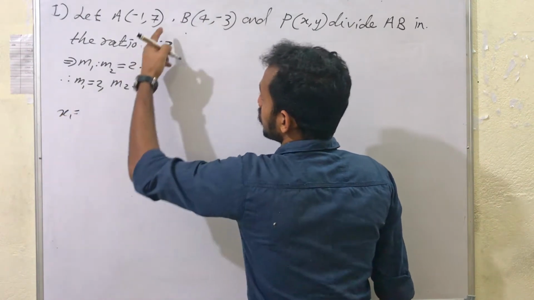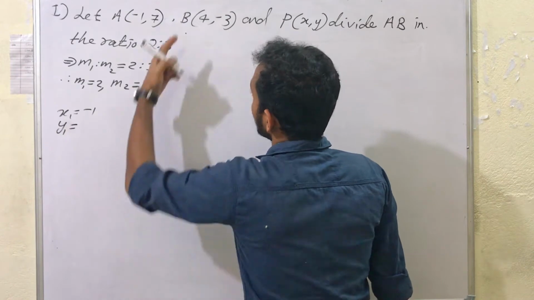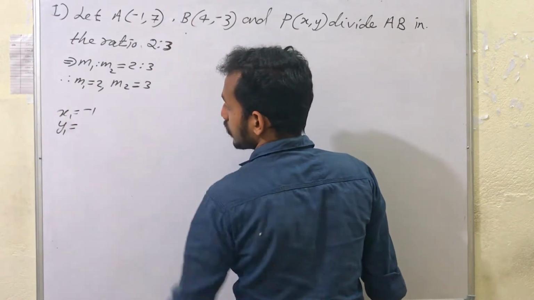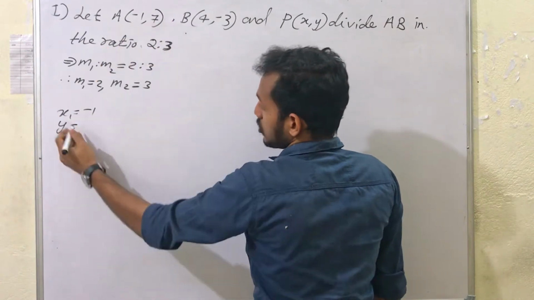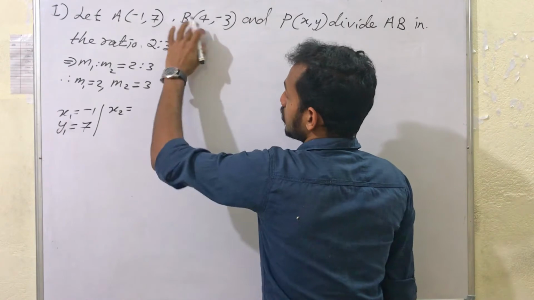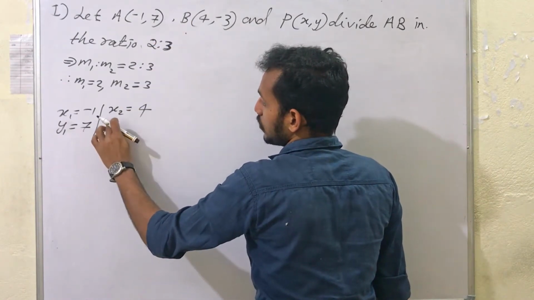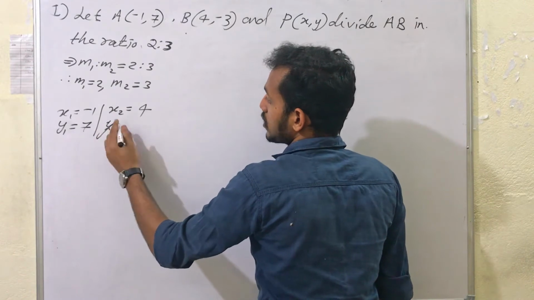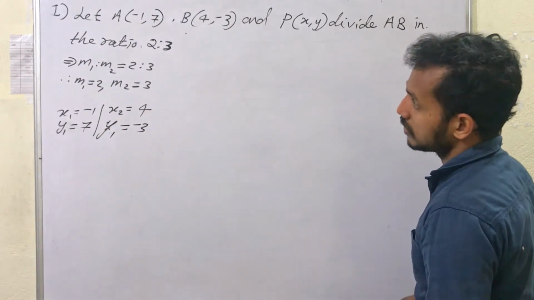X1 is equal to minus 1, Y1 is equal to 7. Similarly, X2 is equal to 4 and Y2 is equal to minus 3. We have all the variables.